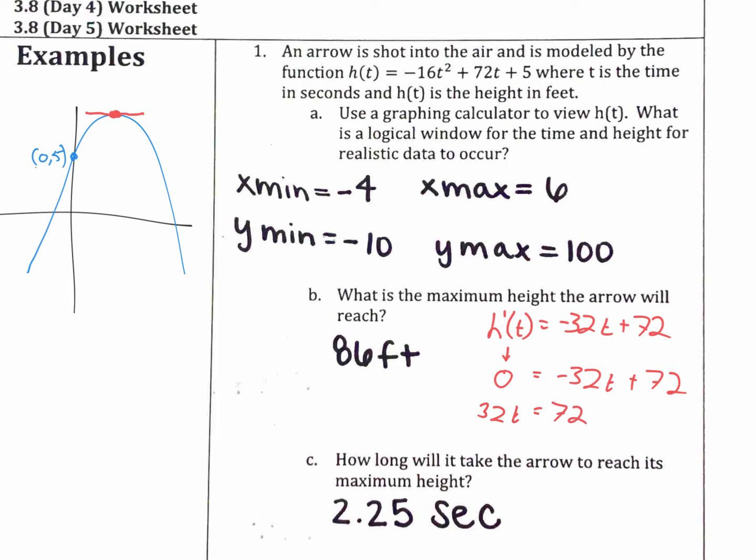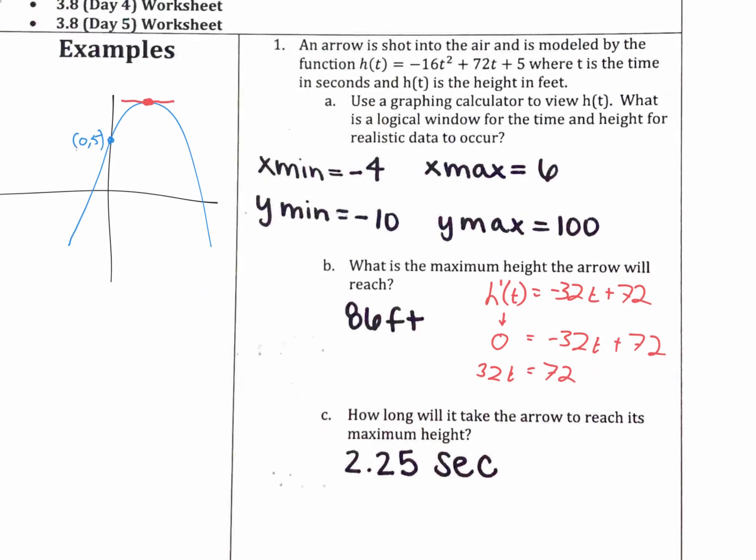Divide both sides by 32, and we'd get our answer. Now, when we get our t value of 2.25, we could plug that in for t to figure out the height. If you were to do this on your calculator and calculate the maximum, it will give you both the x and y values in one shot.